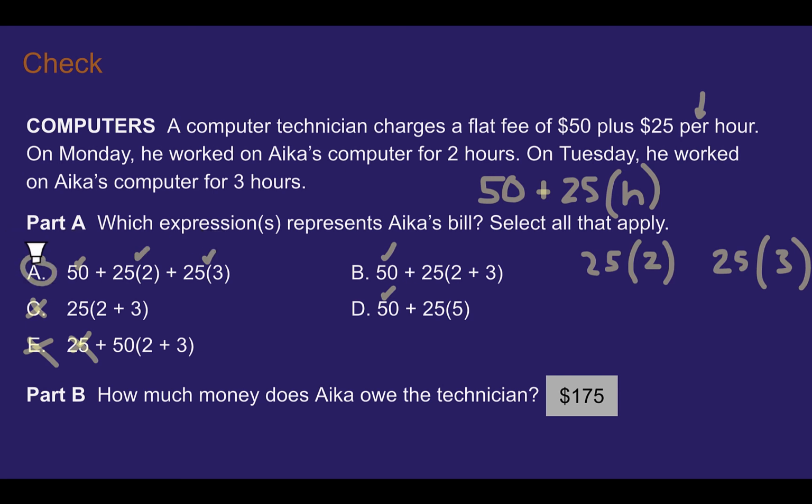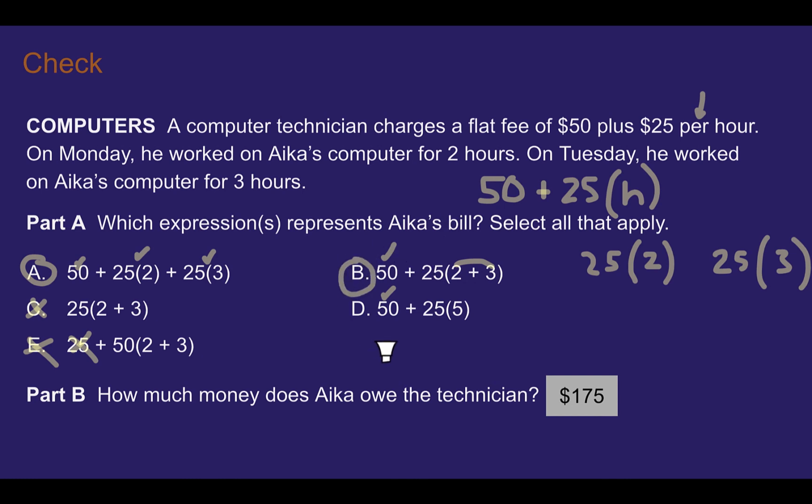So A works. What about answer B? Here it's saying 25 for 2 and 3. Well, if we think about how many hours the technician worked in total, 2 on Monday and 3 on Tuesday, if Ika wanted to simplify, they could just combine the hours together. So 2 and 3 together, then multiply that by 25.